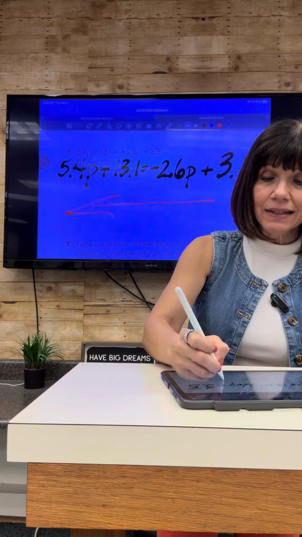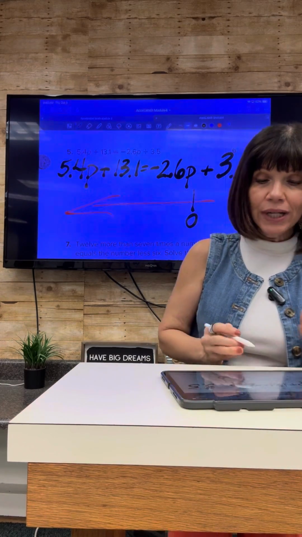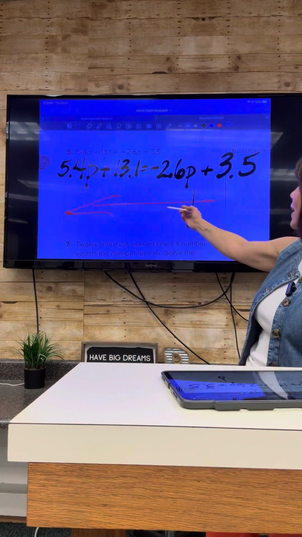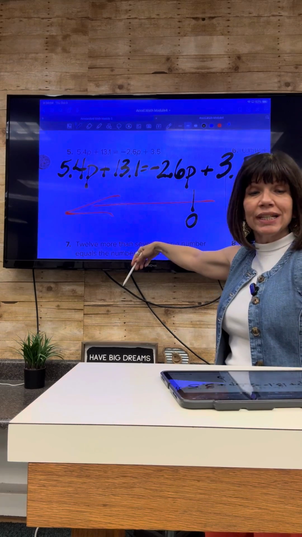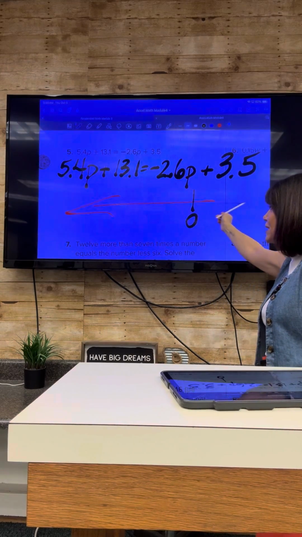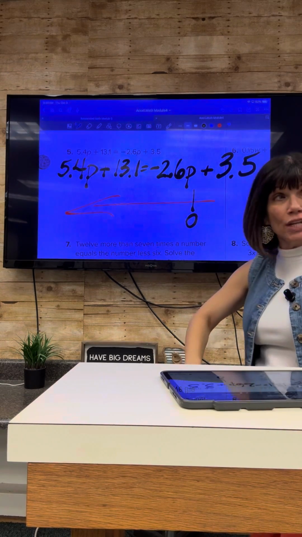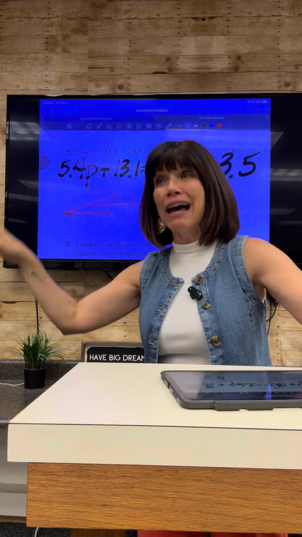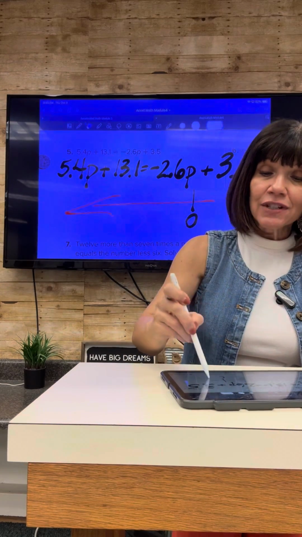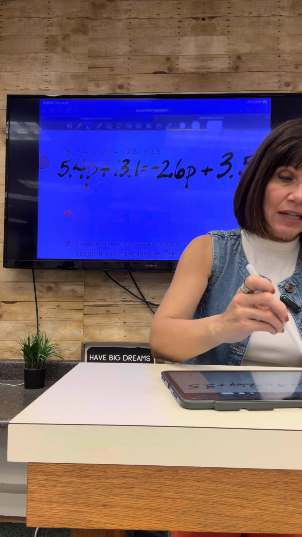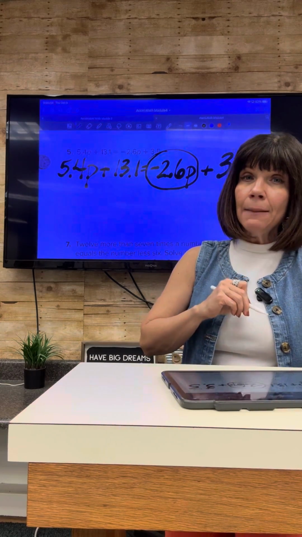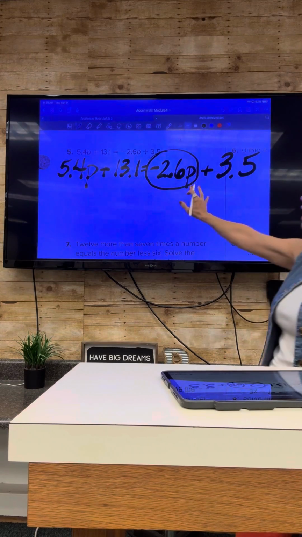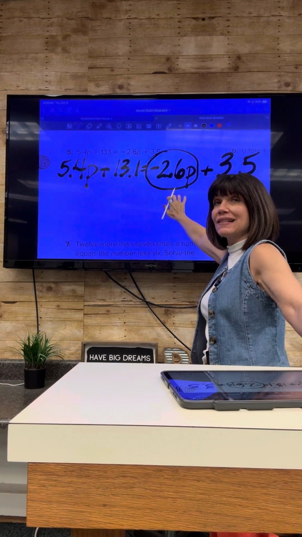And if you had 0 here, wouldn't negative 2.6 be somewhere to the left of 0? And wouldn't positive 5.4 be somewhere to the right of 0? So remember, left is less. Left is less.